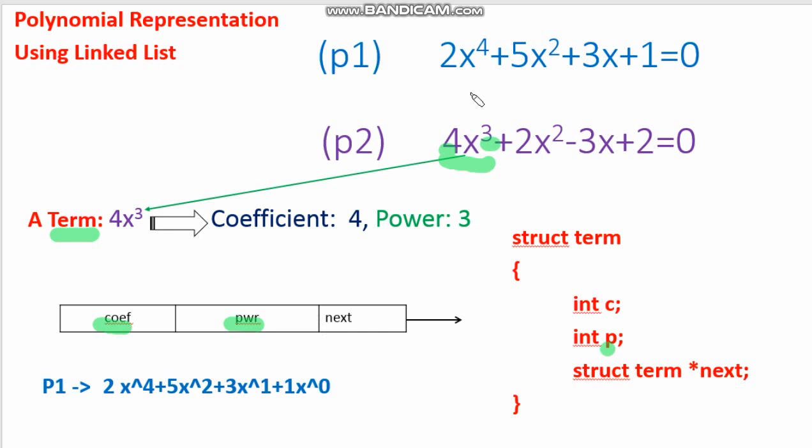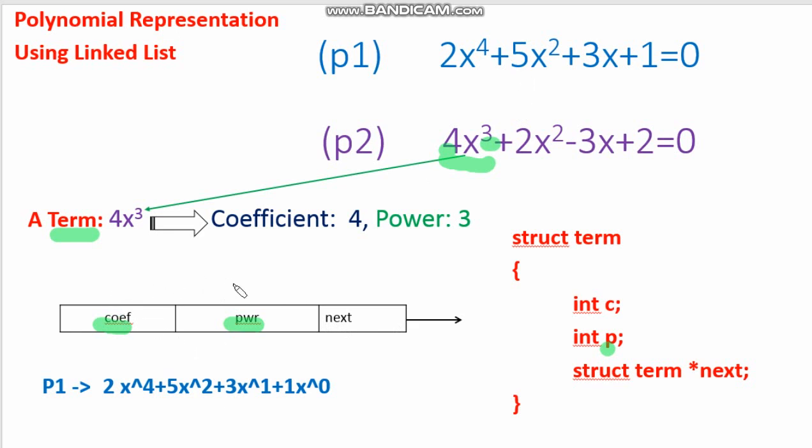So if I represent this polynomial using this representation, I will get a linked list of 4 nodes, each node having coefficient and its power and a pointer to the next. For example, I will have coefficient 2, power 4, linking to the next node.